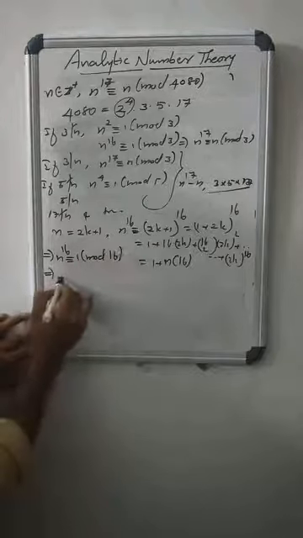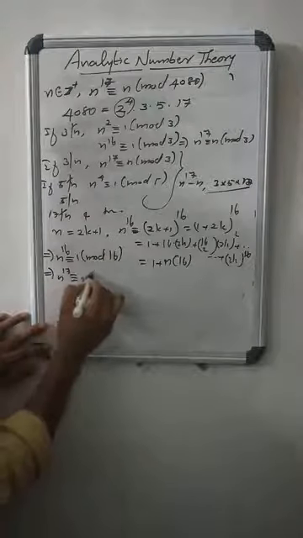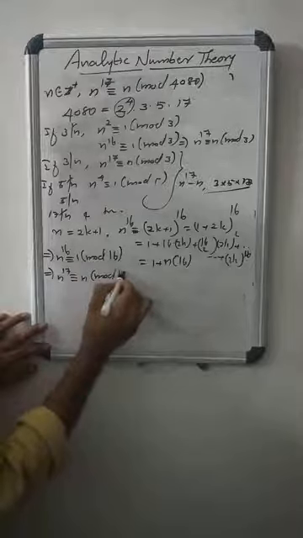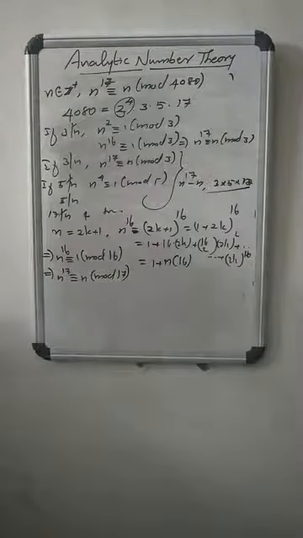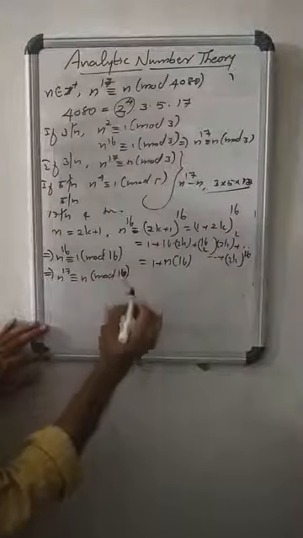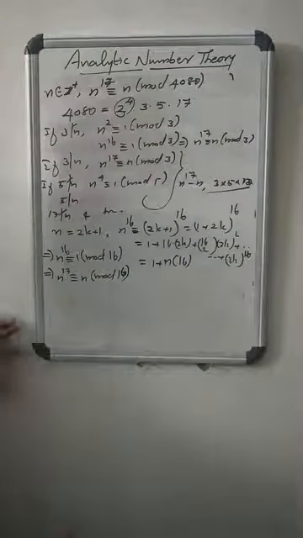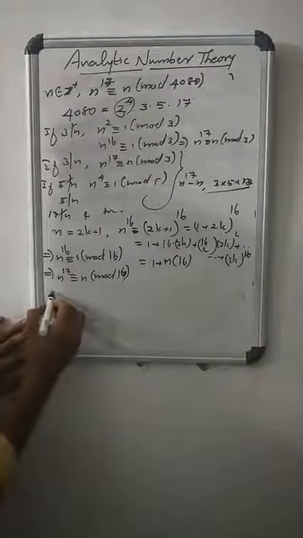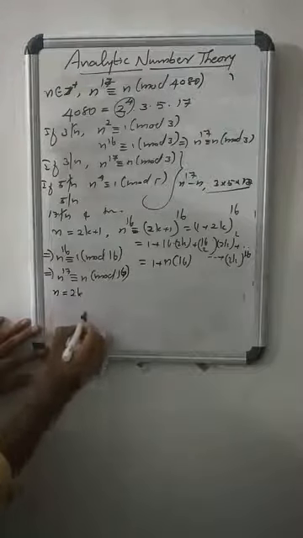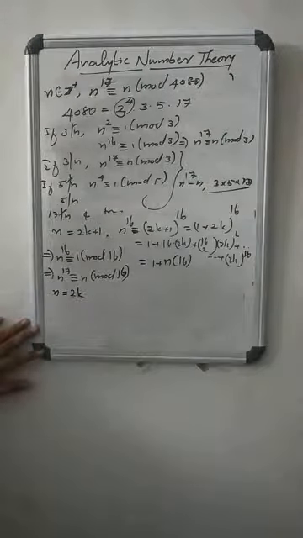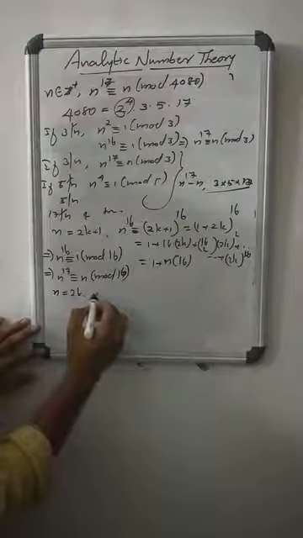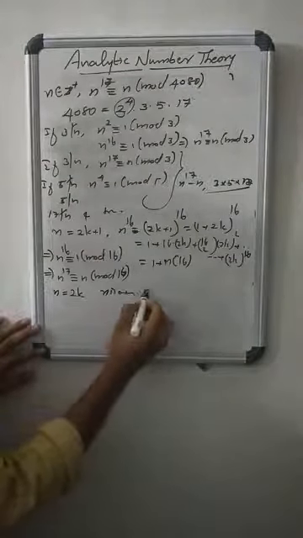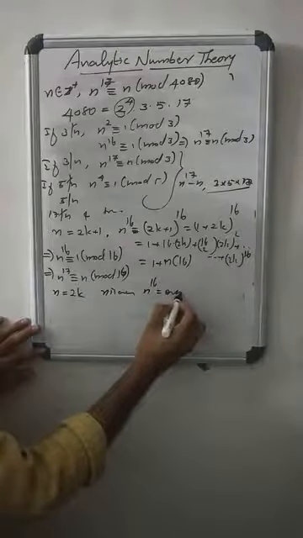That means n power 17 is congruent to n mod 16. Now, if n is even, n equals 2k. What is n power 16? n power 16 is also even.